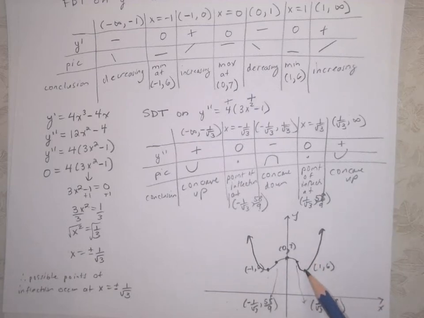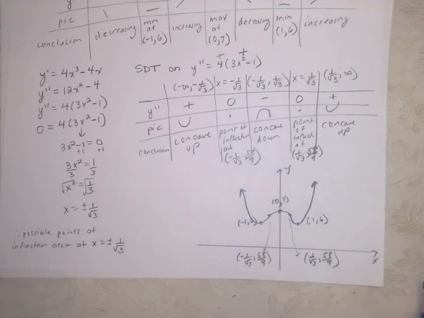Minimum at 1, 6. Increasing after that, good. And then concave up from -infinity to -1 over root 3. Concave down from -1 over root 3 to +1 over root 3. Concave up from 1 over root 3 to infinity. So there's a good representative sketch with all our important points labeled, all of our max, mins, and points of inflection.